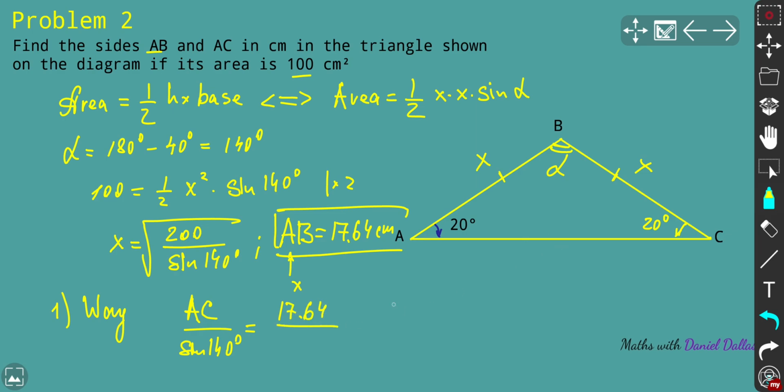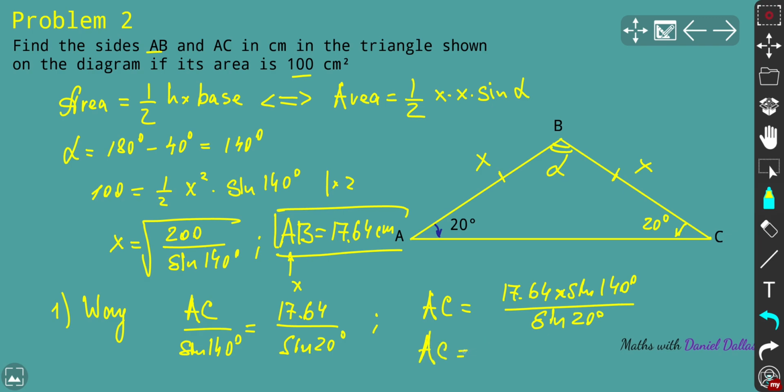You can freely express AC from there. So AC is 17.64 times sine 140 degrees over sine 20. If you calculate it, you'll get 33.15 centimeters. That's the final answer for AC.